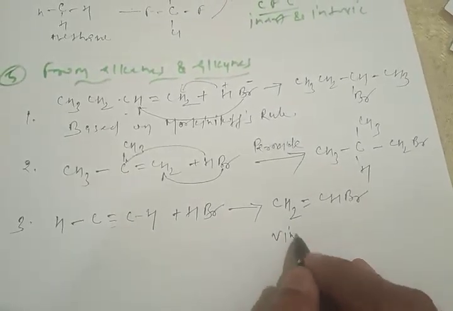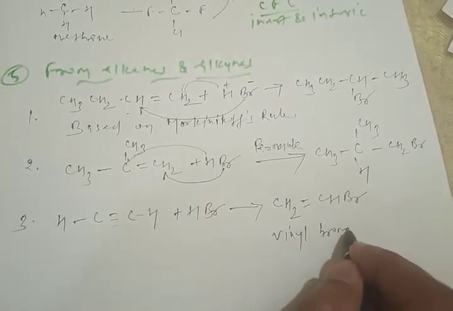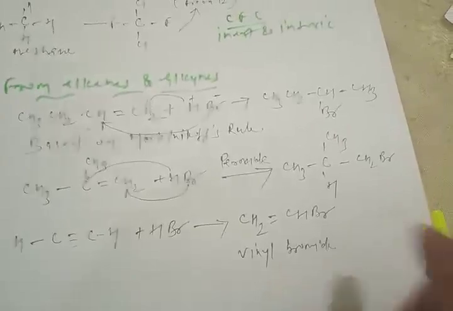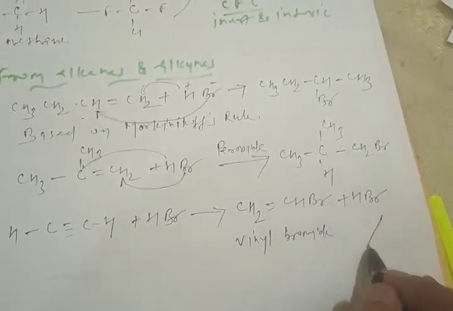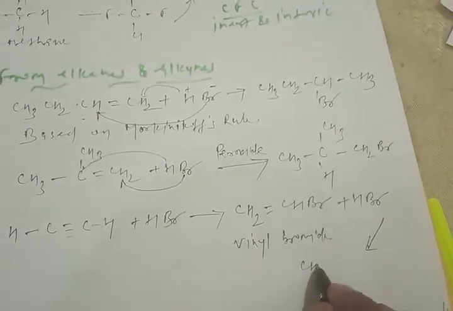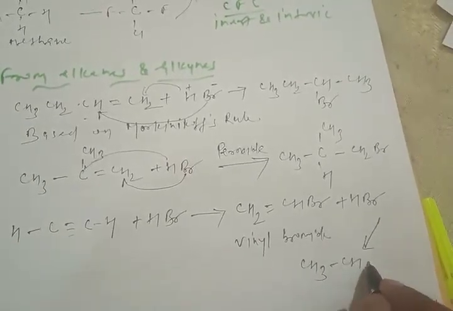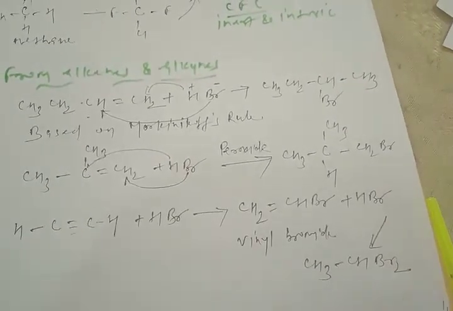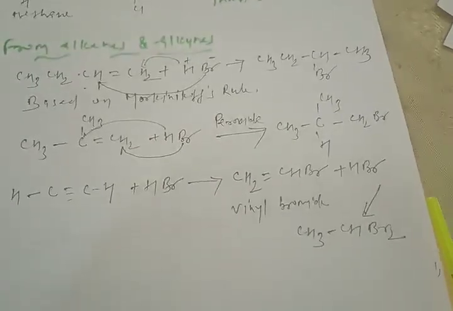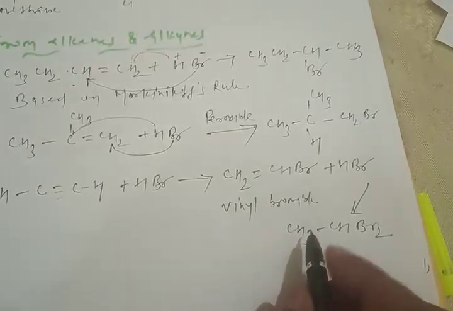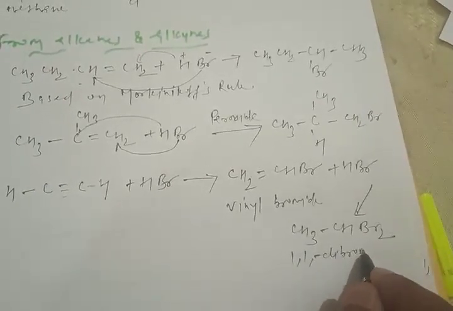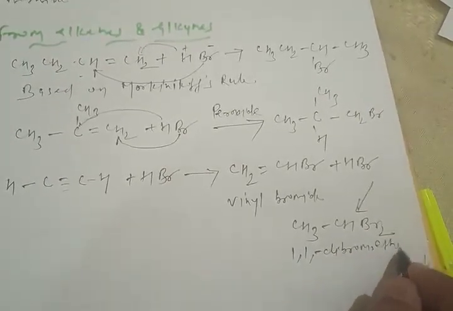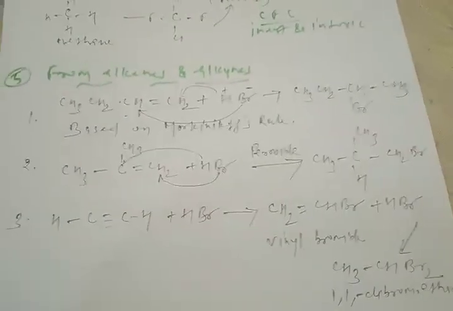So this is vinyl bromide. Okay, and then again with HBr, you will get CH3CHBr2. This is 1,1-dibromoethane.